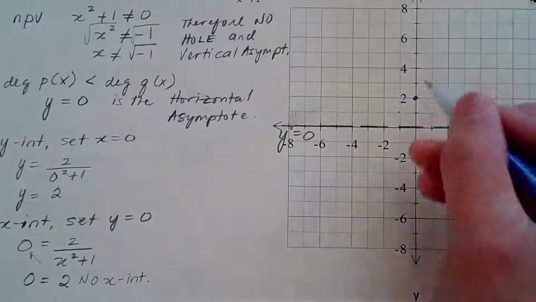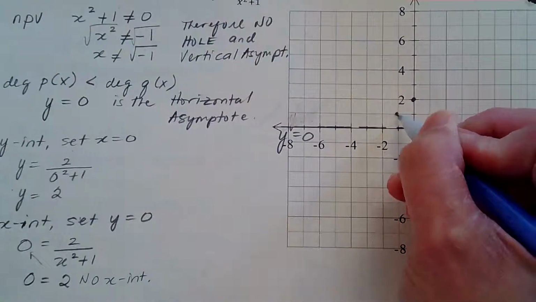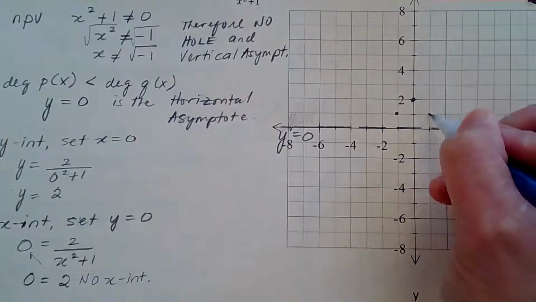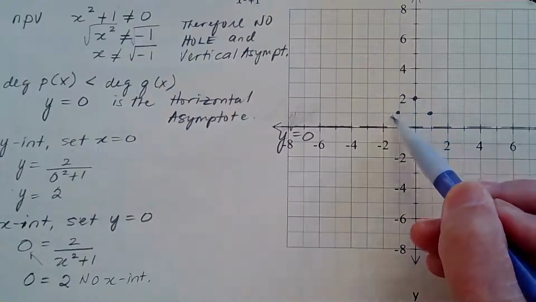Okay, so if x is -1, then y is +1, right? -1, 1. And then if x is 1, y is 1. Okay, so kind of go like that.